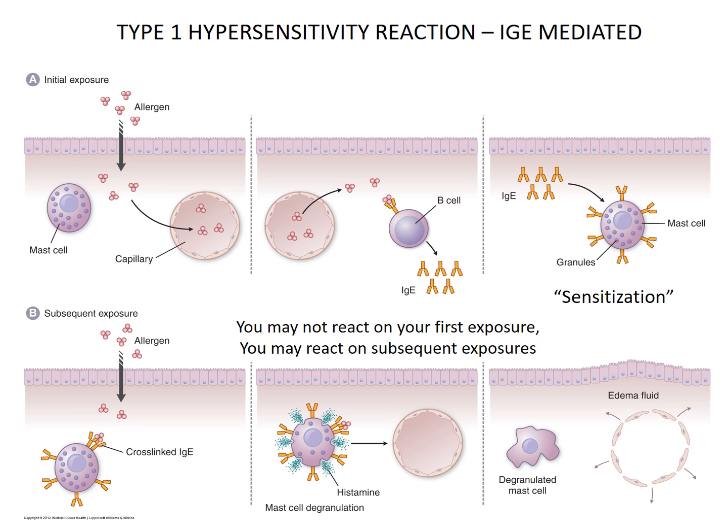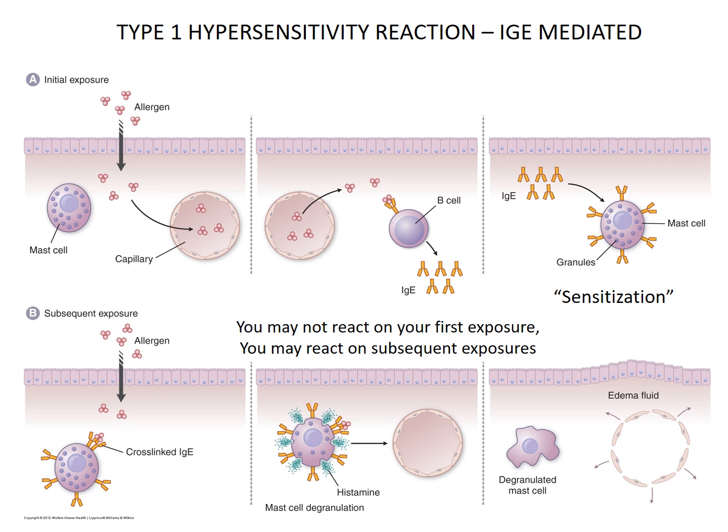That IgE antibody then attaches to mast cells, a specific type of white blood cell, a highly granulated white blood cell loaded with inflammatory mediators. The binding of IgE to that mast cell is referred to as sensitization.